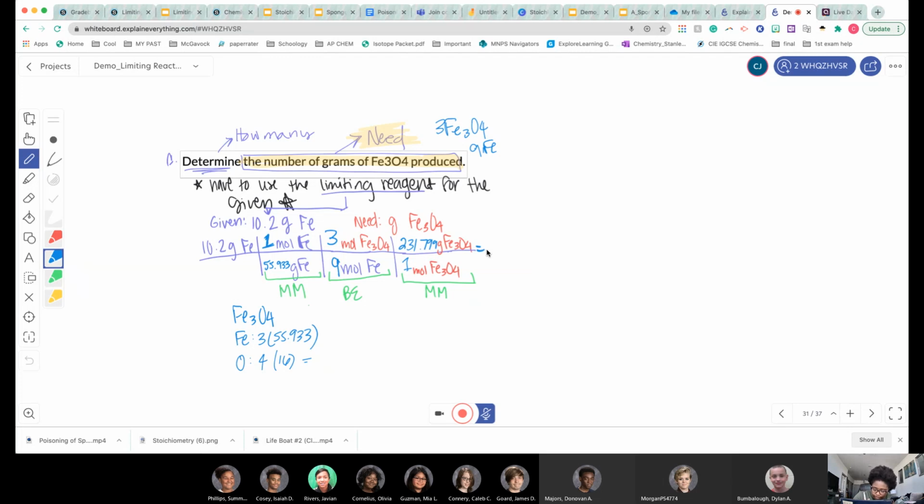I got a lot, and yes, we have to write it all down, because we don't want to lose any digits. So you write the whole thing. I know it's annoying, but you've got to do it. Then 55.933 times 9. Write the whole thing. Okay, now we can divide.